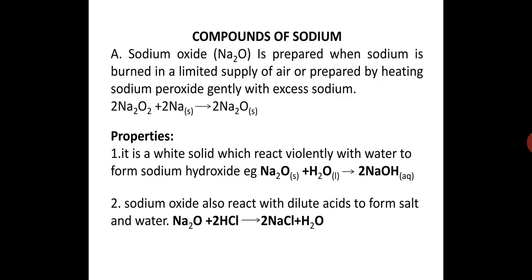When you heat sodium peroxide gently with excess sodium, it will yield what we call sodium oxide. That is the only way we can prepare sodium oxide: by limited burning of sodium in a limited supply of air, or through heating of sodium peroxide gently with excess sodium.